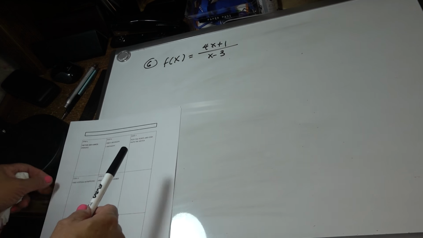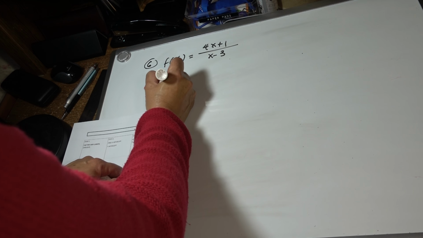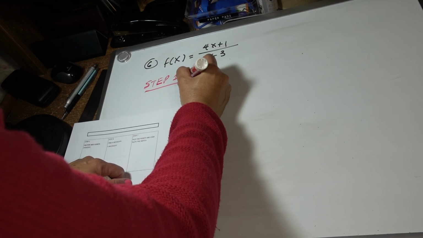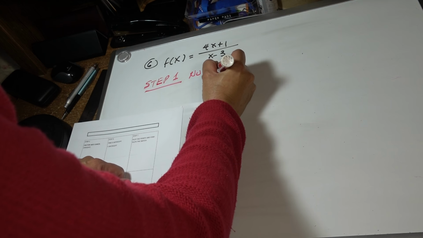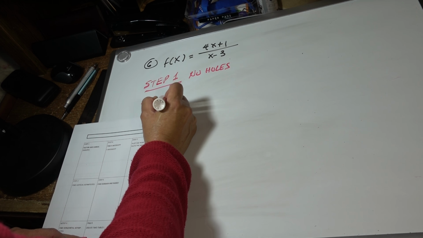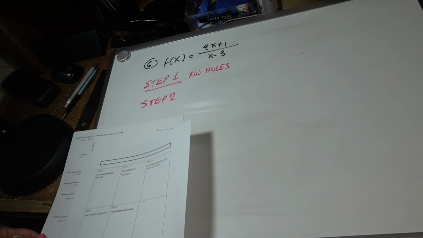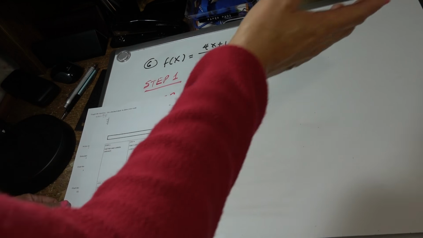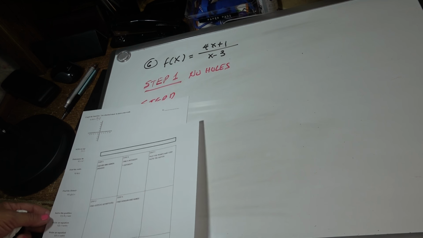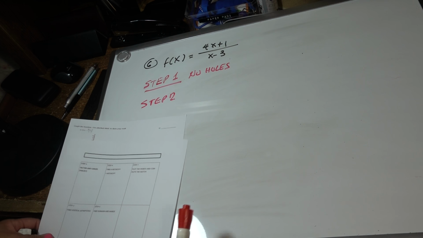Problem number 2, find the vertical asymptotes. So step 1, no holes. Step 2 says find the vertical asymptotes. We know from the notes that in order to find the vertical asymptote, we set the denominator to 0.